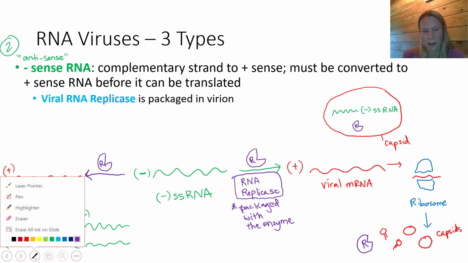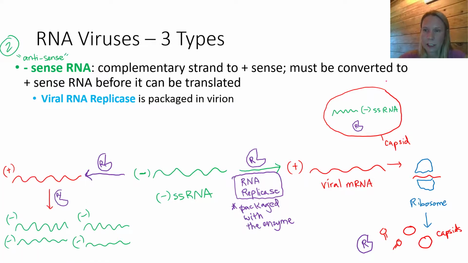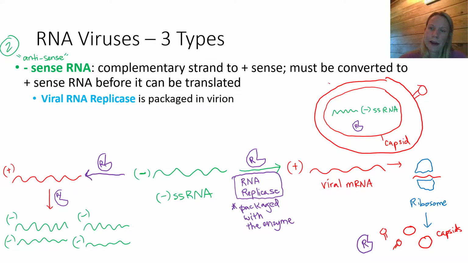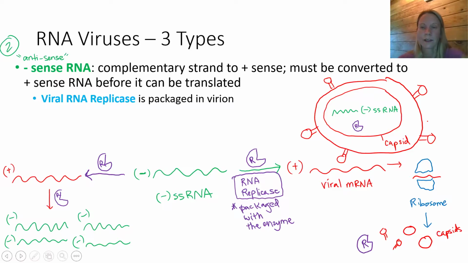And now if this is an enveloped virus, then it may have an additional envelope around it with then the viral spikes that would be added once the budding process occurs. And this is exactly what influenza is. So influenza is an antisense RNA virus. Okay.